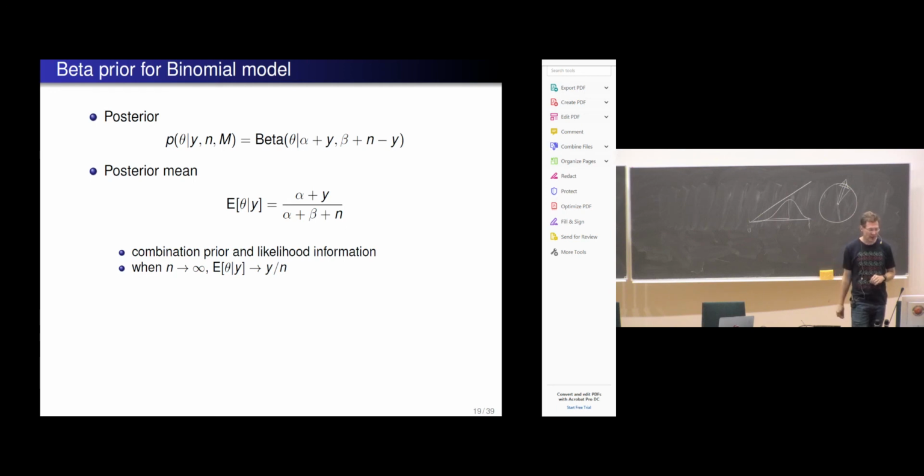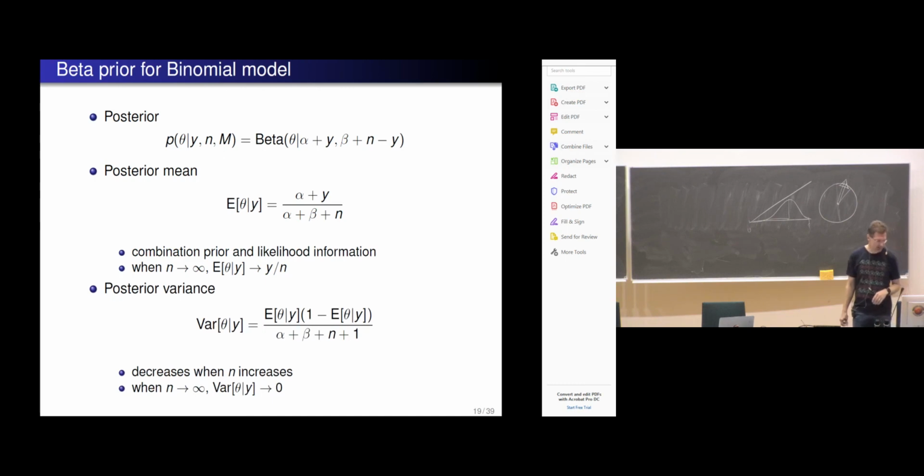These are a bit boring things now that we can compute these easily with computers, but there happens to be analytic posterior mean when we are using this conjugate prior. Maybe an interesting thing is that it doesn't matter what our prior information is. If the number of observations grows to infinity, then again our inference is just based on observations.